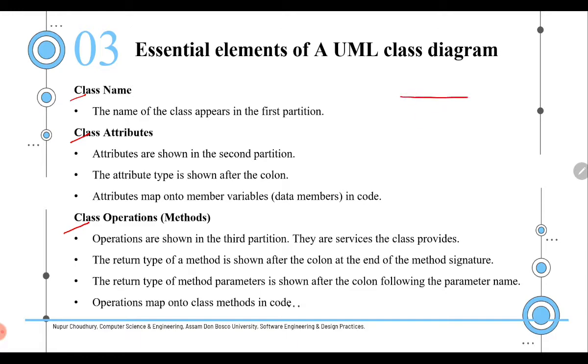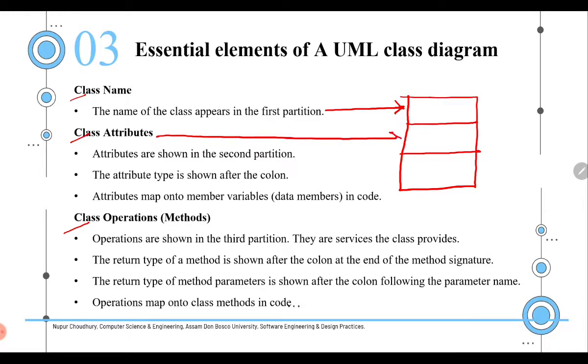Generally, a class is represented using a box or rectangle divided into three parts. The first part is the class name, the second part is the class attributes, and the third part is the class operations. The class name should be a meaningful name.